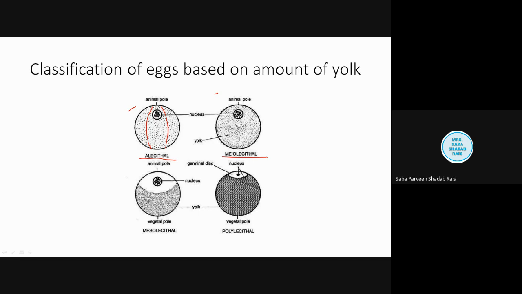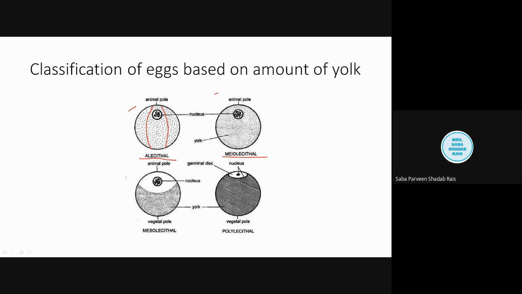When we talk about a negligible amount of yolk being present, at that time the embryo needs to be implanted immediately after fertilization, and the placenta should be formed. So this type of egg will definitely be found in mammals, because mammals are the animals that form the placenta.